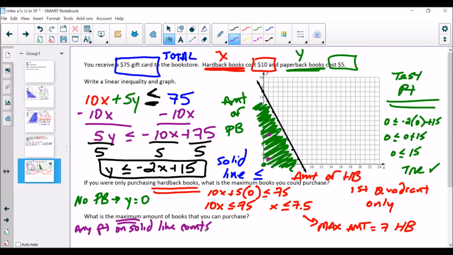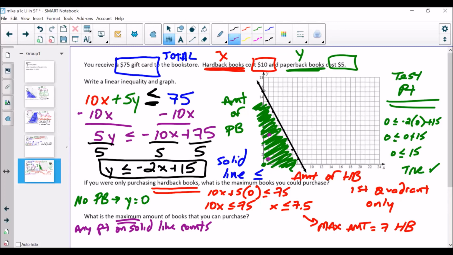If we had a dotted line there, so if this was just a less than symbol, it would be a dotted line and it would not count. But it does count here. And I say that because that's kind of where our maximum locations are going to be. You can see none of the green shaded area over here on the graph goes past that line. So those numbers are going to be kind of our largest numbers here.